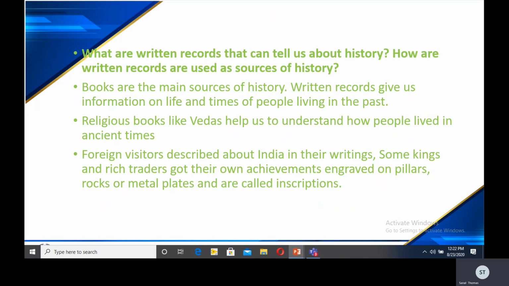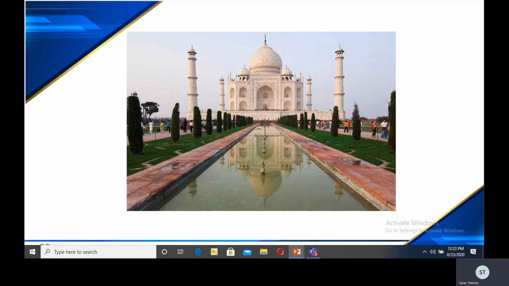So these can be called inscriptions, and that is another written record to study about the sources of history. So books are helping, the religious books are also helping us, and the writings on the pillars, rocks and metal plates, which are called inscriptions, are also helping us to know about the sources of history, right? Now here you can see one picture.